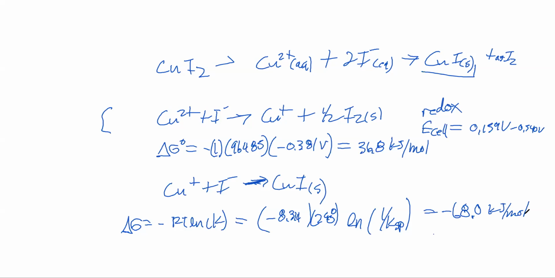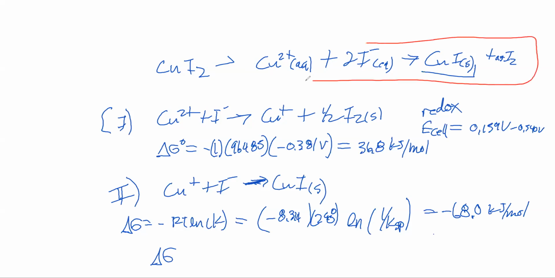So we kind of have these two things going on. So if we want to find the delta G for both of them together, reaction 1 and our precipitation of reaction 2, which when we look at that kind of gives us the copper 2 plus our 2 iodine. It basically ends up giving us this equation here.